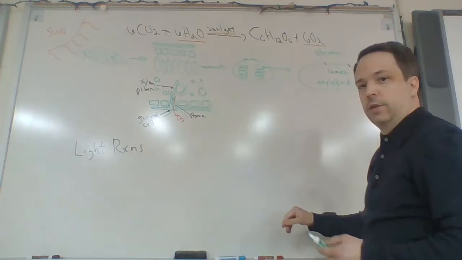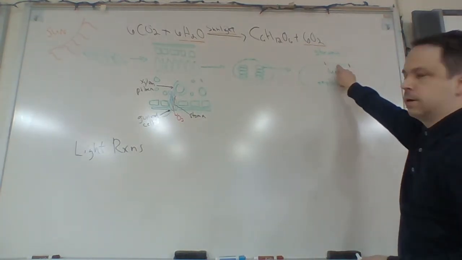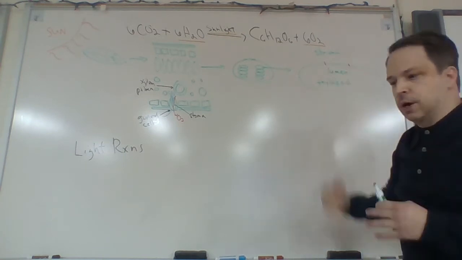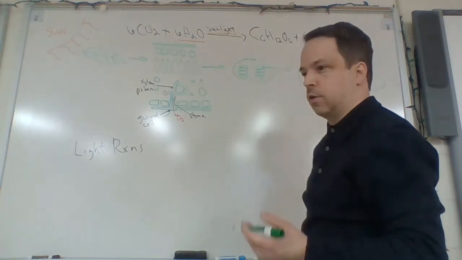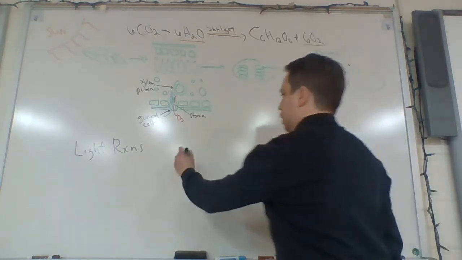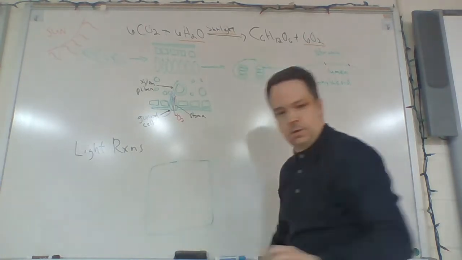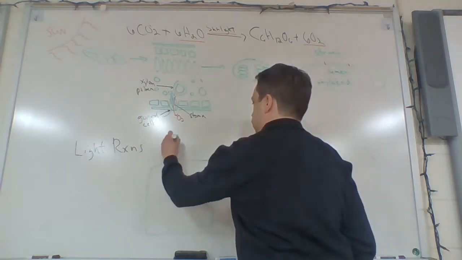Okay, so we're just dealing, once again, right now, with what's on the membrane of the thylakoid. And on that membrane, we actually have what's called a photosystem. This one is photosystem 2. We start with photosystem 2, PS2.